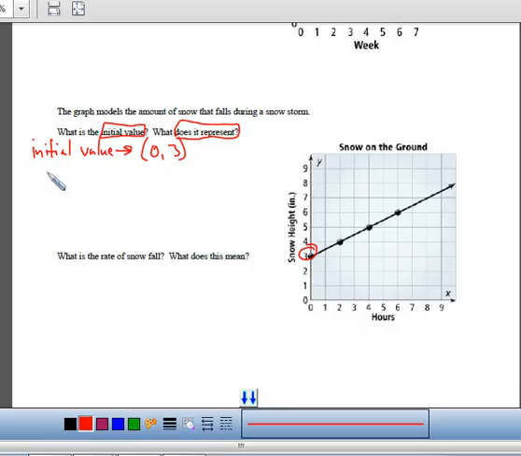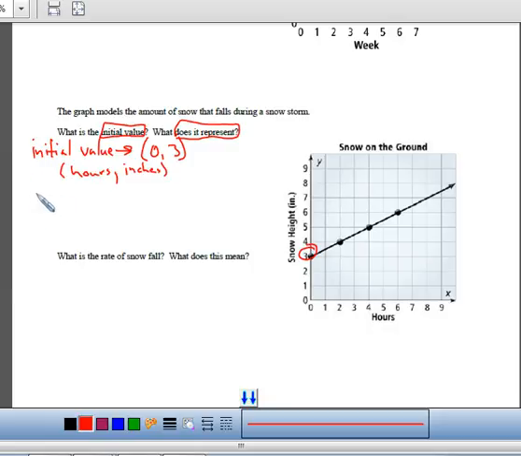So, what does it represent? Well, the x stands for hours, and the y stands for inches, or the snow height. So, what does it represent?